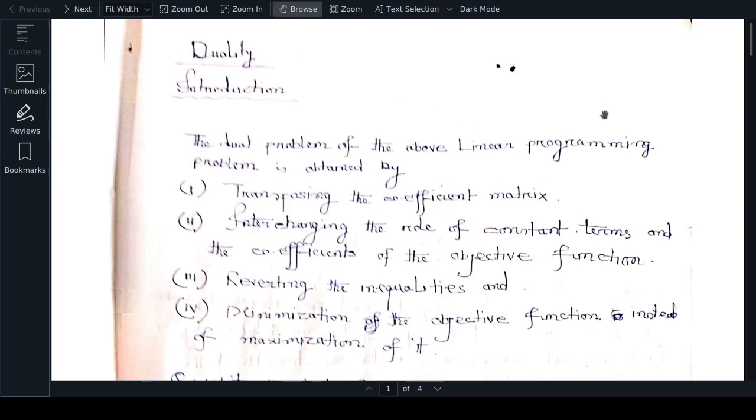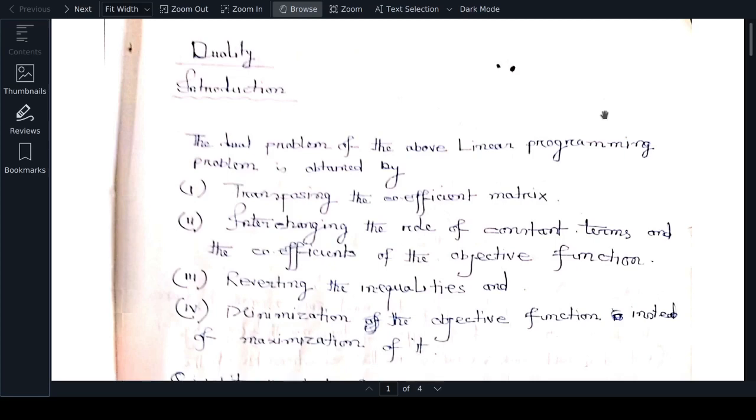Okay. Then point number 2, interchanging the role of constant terms and the coefficient of the objective function. In the given problem, 3 1 are the coefficients of the objective function and 2 1 are the constant terms of the constraints. So 3 1 and 2 1 are interchanged in the dual.